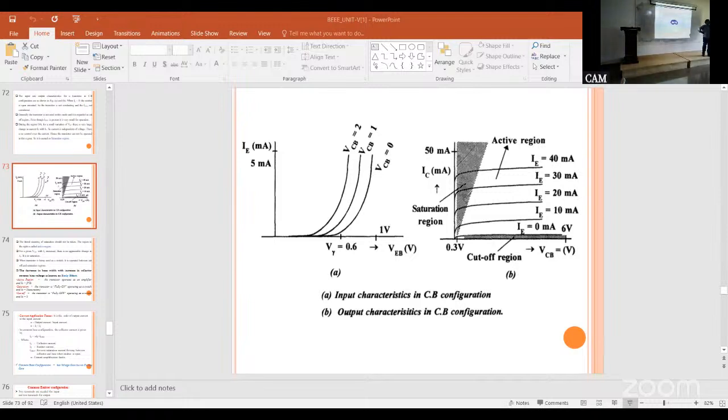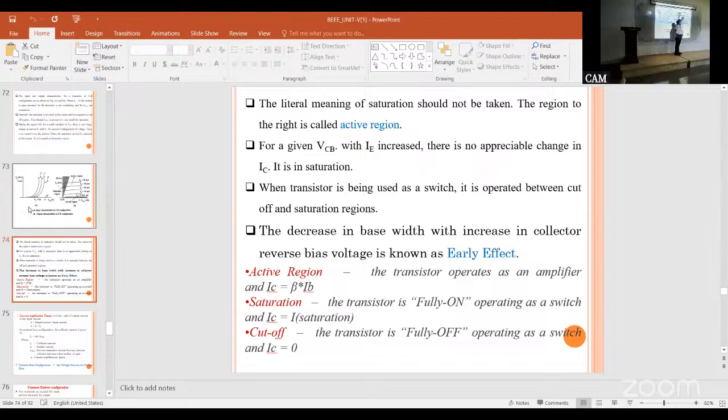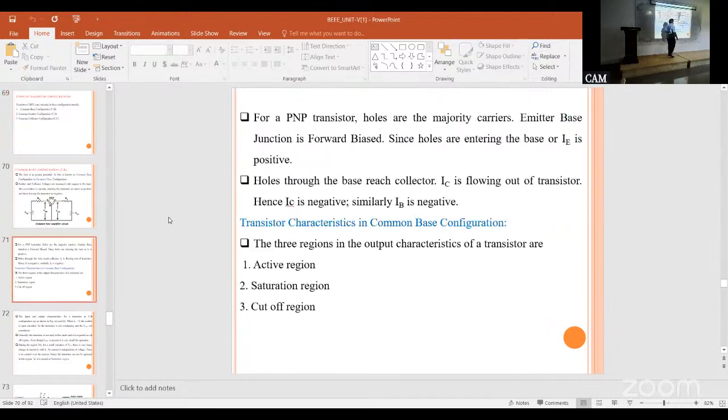Whenever the emitter current, the input current, increases toward the saturation level, as IE is increasing, this region is called the saturation region. This is called the cutoff region, and in between this is called the active region. So this is about the common base configuration. You just have to explain it.